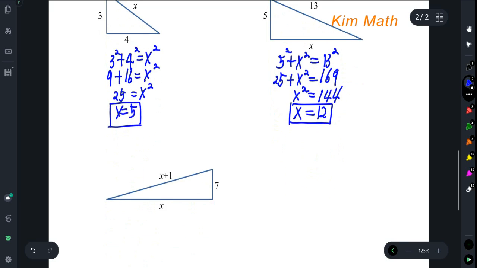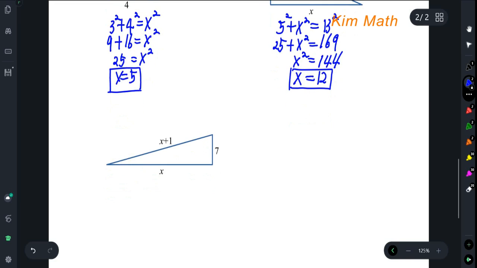Okay, one more. Wow, in this case we have two variables, one leg and one hypotenuse, although they contain the same variable x.